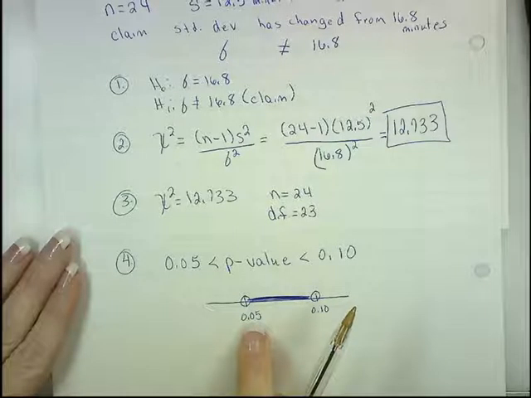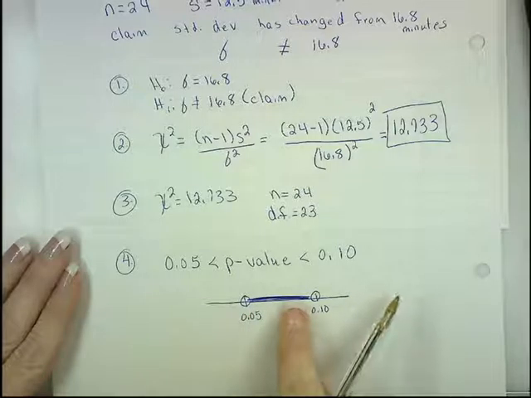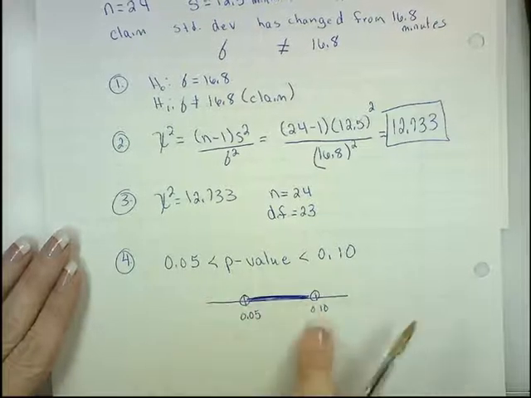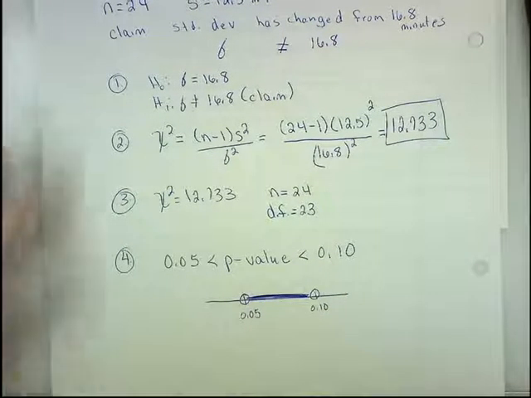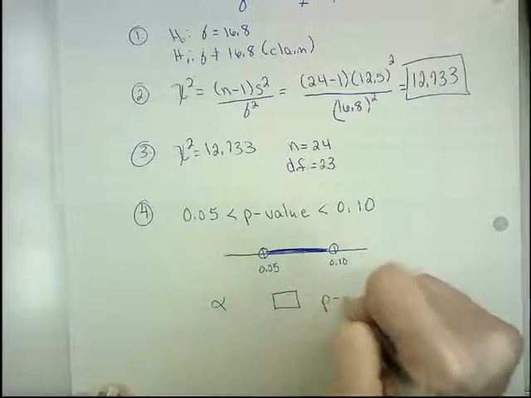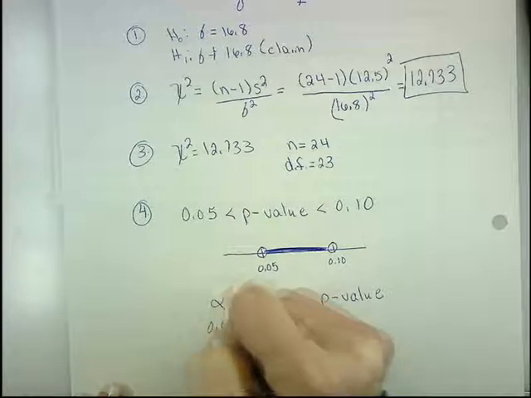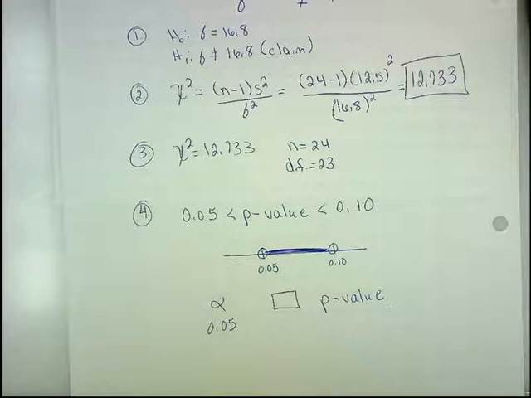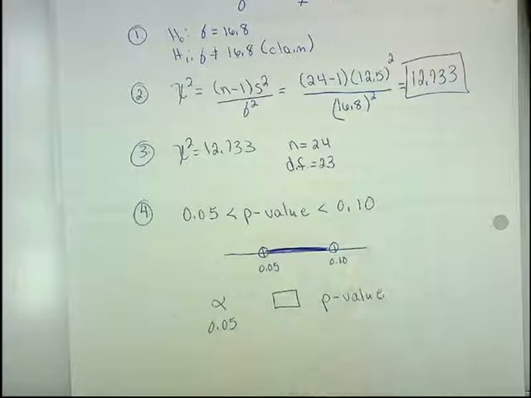And when I say that, 7 cents, it would be .07. 9 cents would be .09. But it's not money, but a nickel and a dime. Anywhere between a nickel and a dime would be the possible p-value. Compare alpha to the possible p-values between a nickel and a dime. Alpha was given to be 5%, which is a nickel if you think about money. And we know that the p-value is larger than a nickel but smaller than a dime according to the interval.